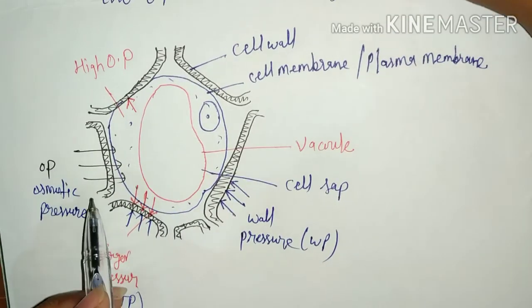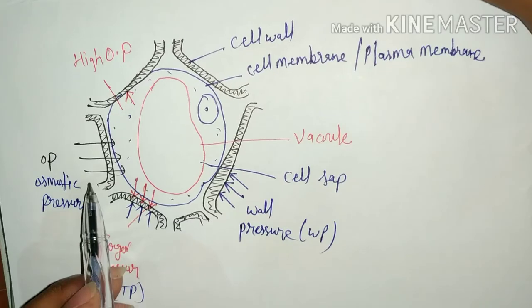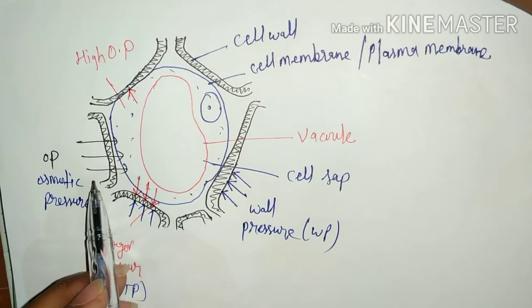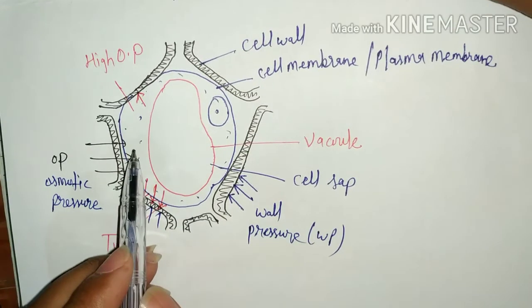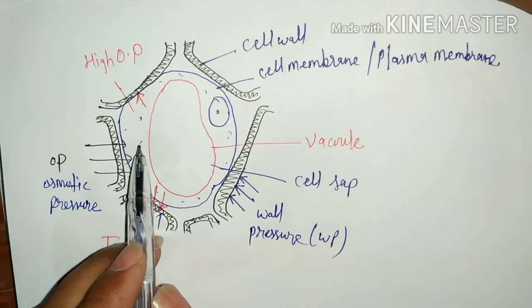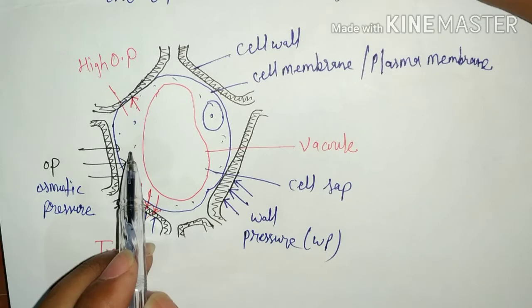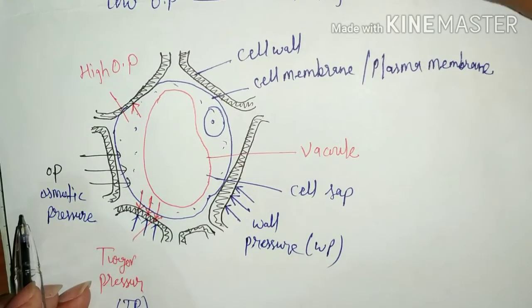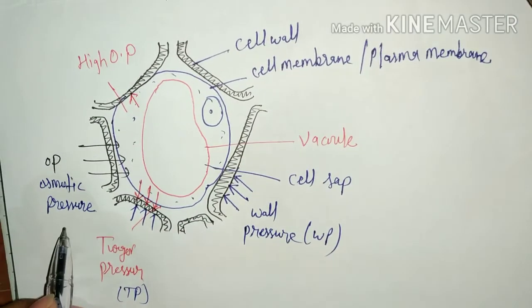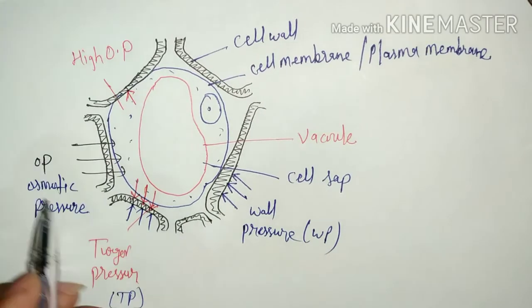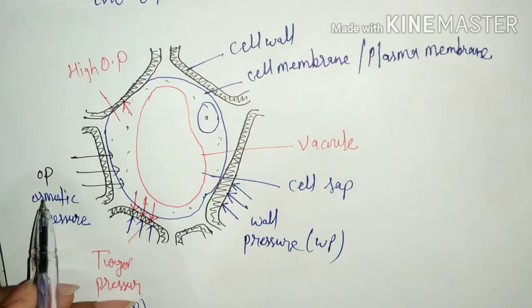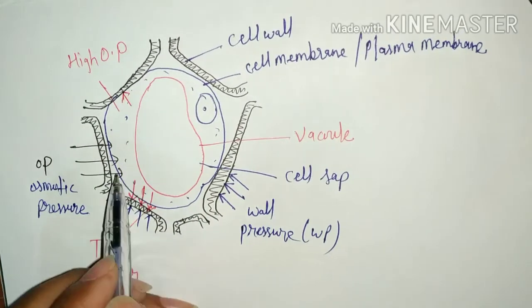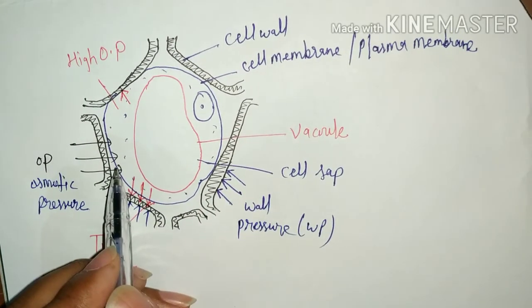These pressures develop when a plant cell is kept in pure water or hypotonic solution, because in the plant cell osmotic pressure is high and in pure water osmotic pressure is low, resulting in entry of water molecules inside the plant cell.